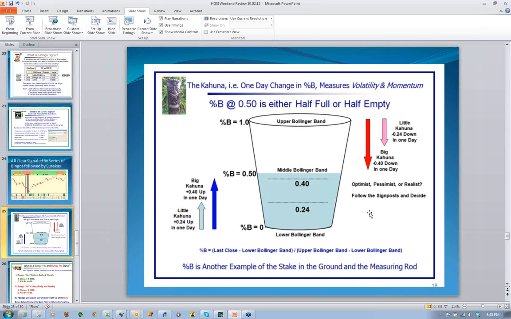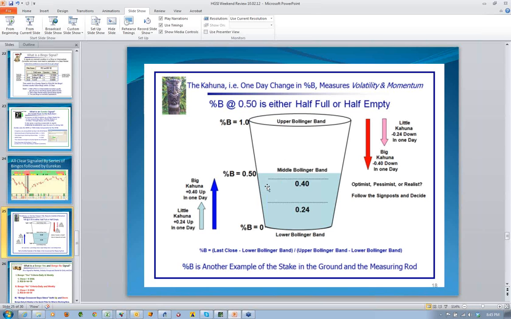And what Ian found out was that stocks normally move less than 24% of the distance between the lower and the upper band on a given day. And that if a stock moves more than 24% up or down, that's a pretty big day, and that's a day to take a look at and pay attention to.